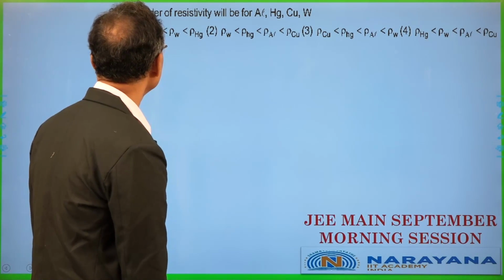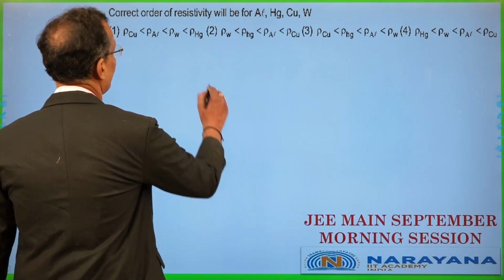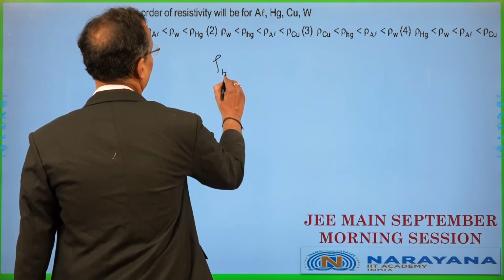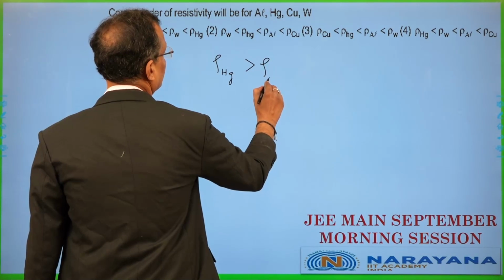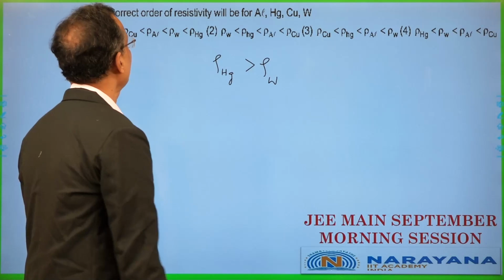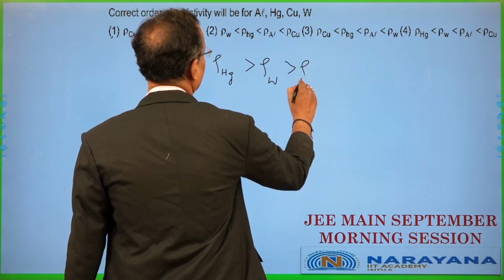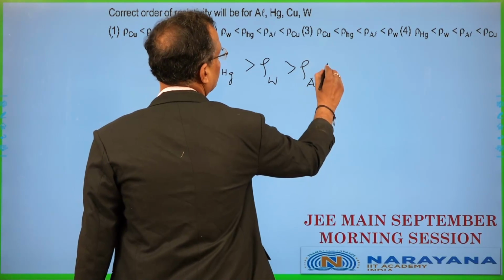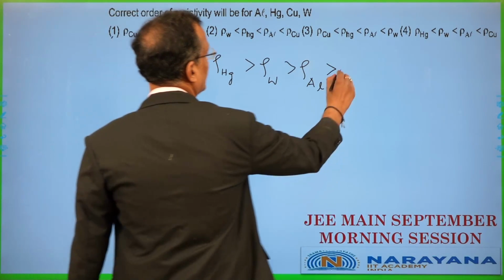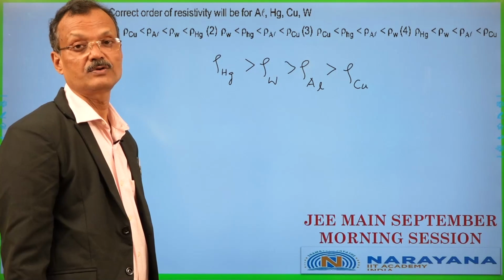So here you see resistivity. Resistivity will be maximum for mercury. It will be greater than resistivity of tungsten, then greater than resistivity of aluminium, then greater than resistivity of copper. Certainly a tricky question.